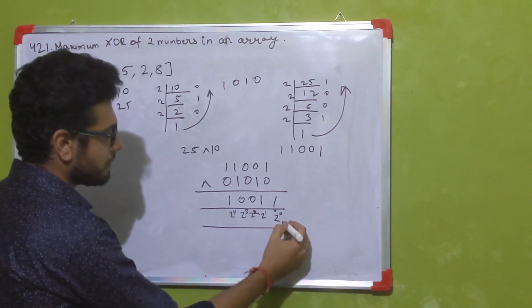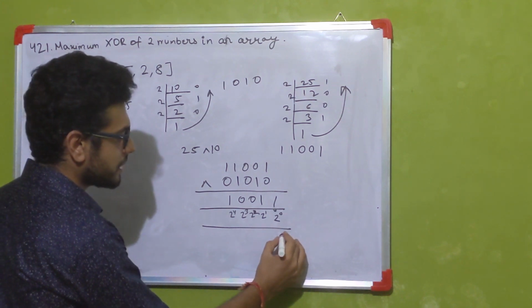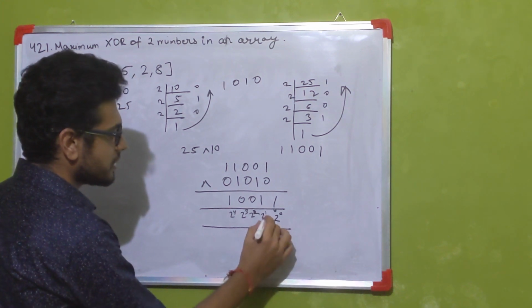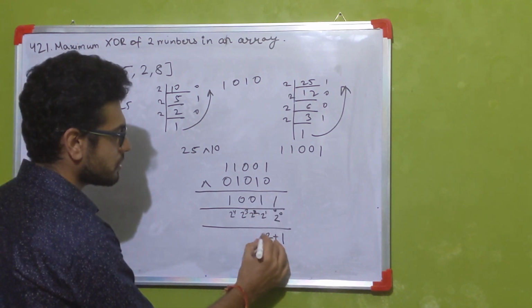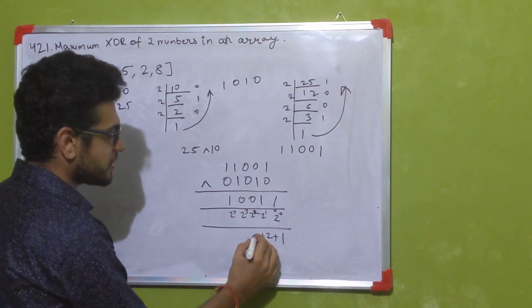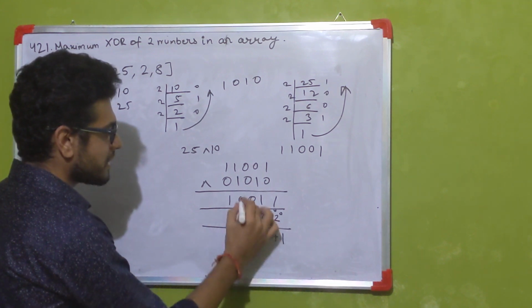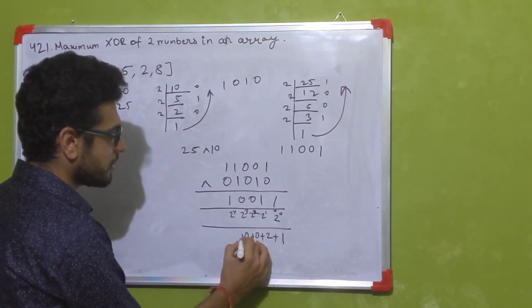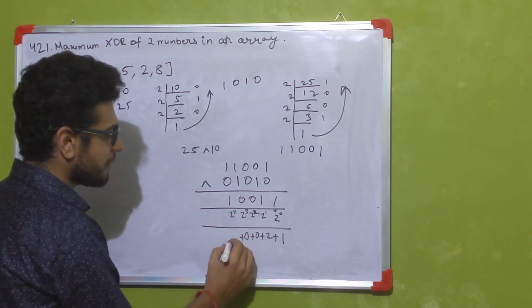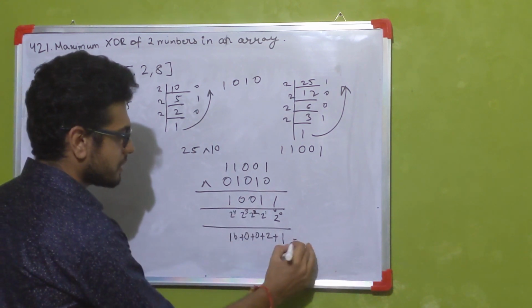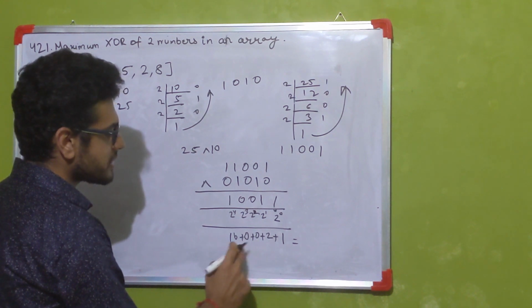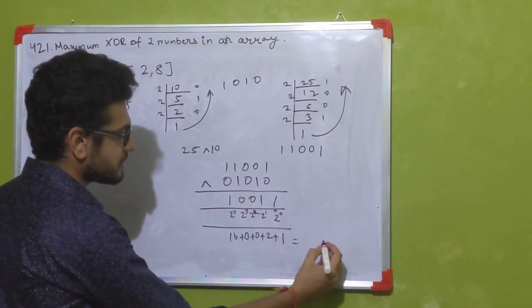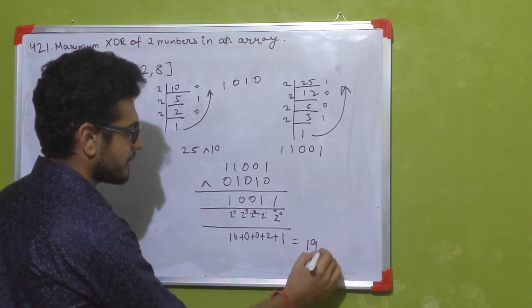So 1 multiplied by 2 power 0 becomes 1, plus 2 power 1 multiplied by 1 becomes 2. 2 power 2 multiplied by 0 becomes 0. 2 power 3 multiplied by 0 becomes 0. 2 power 4 multiplied by 1 becomes 16. So the XOR of these two numbers is 16 plus 2 plus 1, which is 19.